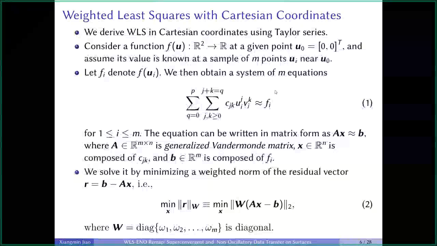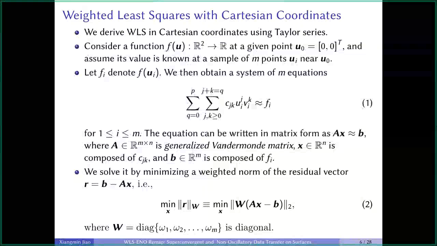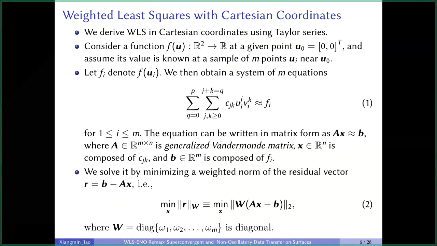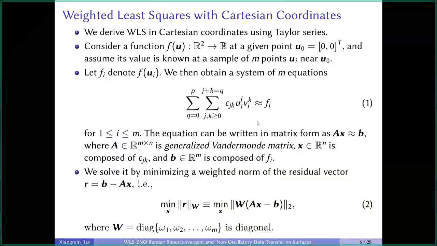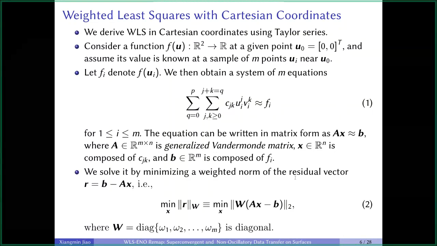If you have m points, you can build a system of m equations. This is what we call a generalized Vandermonde system on the left-hand side, A, which is a generalization of interpolation, which uses a square Vandermonde system. To solve this system, we formulate it as a minimization of a weighted norm instead of just a two norm. The weight is an important part of the model, and that's what we are going to focus on later.